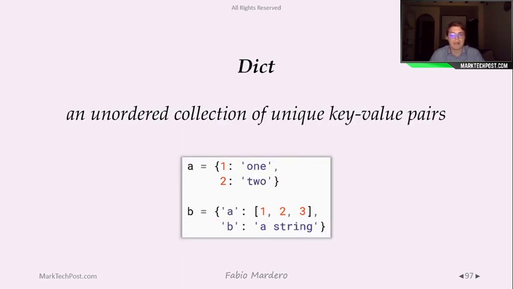And finally, the last data type allowed in Python is the dictionary, dict. A dictionary is an ordered collection of unique key-value pairs, so the keys should be unique.